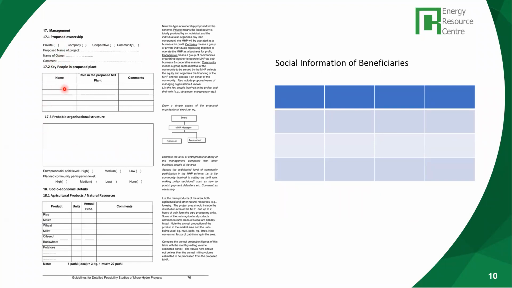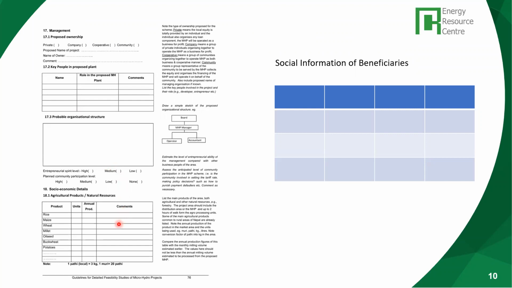Who will be the owner? Will it be a private company, a cooperative, a community, or other agencies? So this has to be decided. Who are the key people that will play a role in the development of this mini or micro hydro project? Then you also prepare the organization structure, who heads the committee, and what type of organization structure will be there.